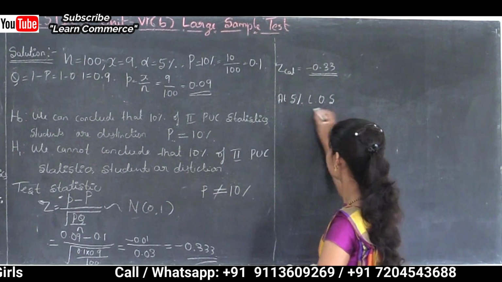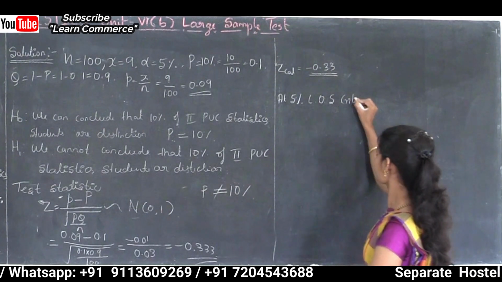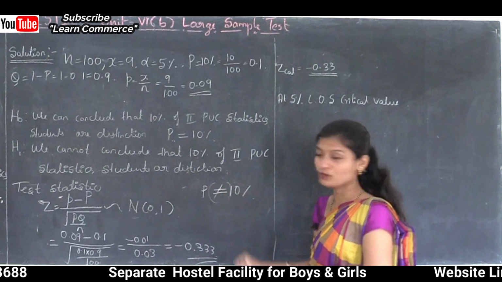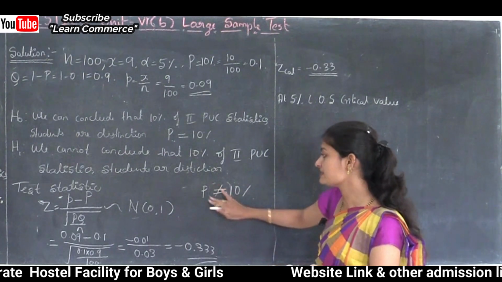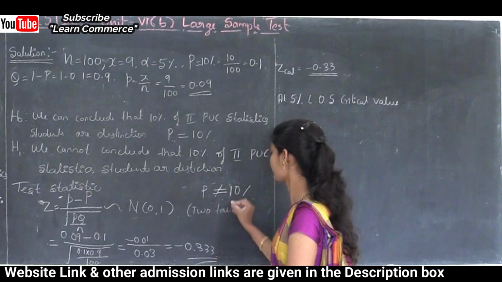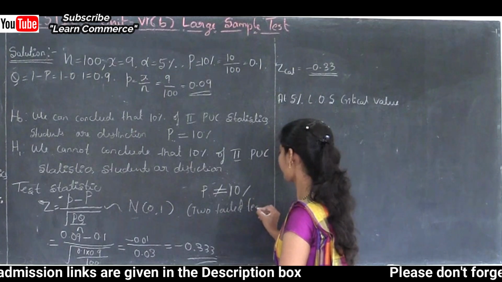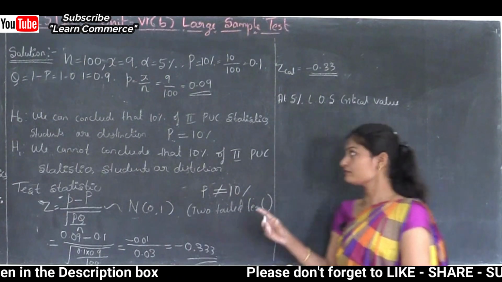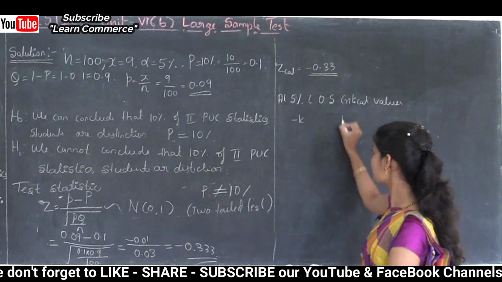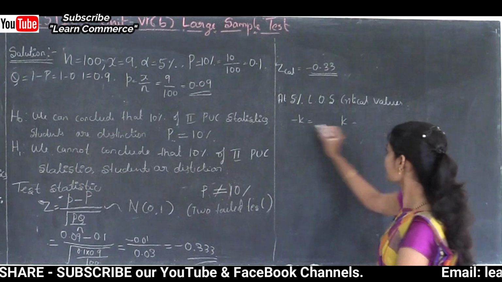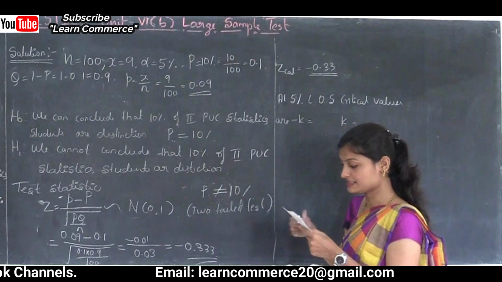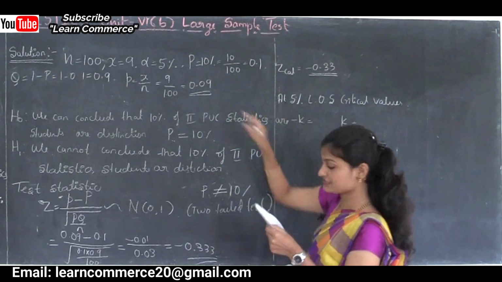we can find critical value. See, this is not equal to type, in the sense this is two-tailed test. So if it is two-tailed test, we have to find critical values, that is minus k and plus k. And this is two-tailed test, and here level of significance is 5%.